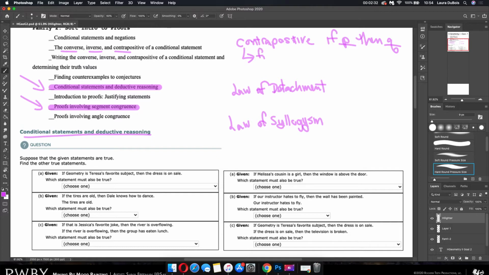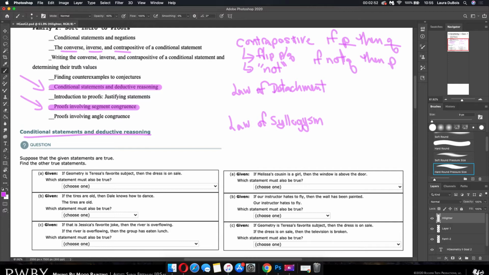You are flipping your P and Q, and the other thing you're doing is inserting the word not. In other words, you are inverting what you're saying. So a contrapositive means if not Q, then not P.